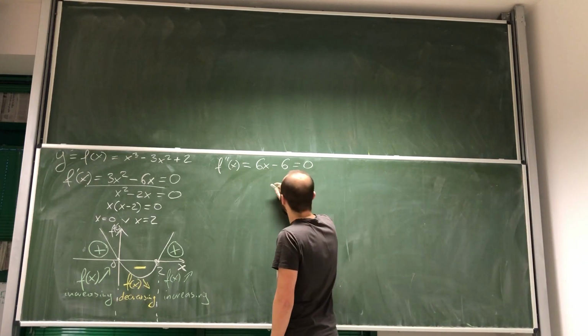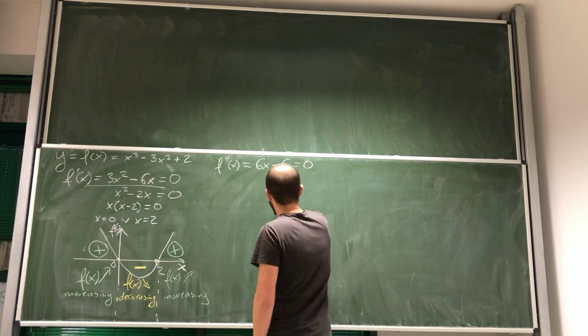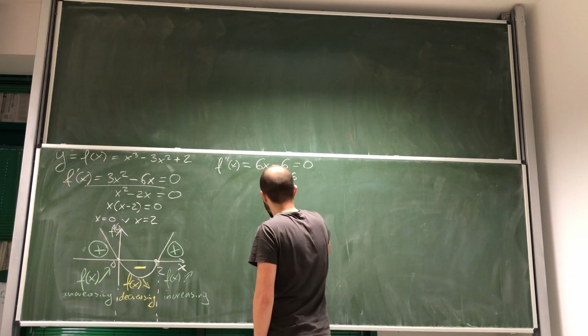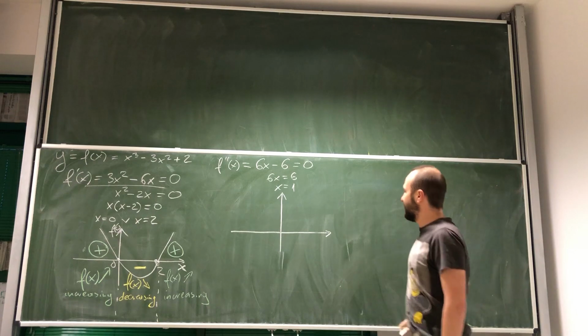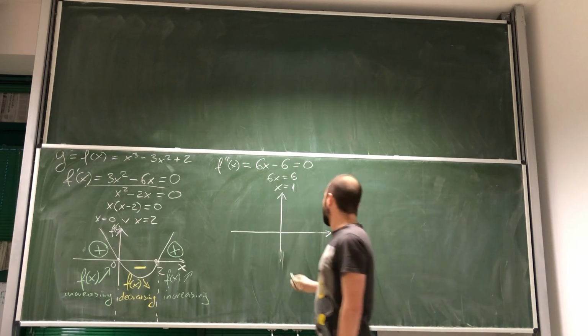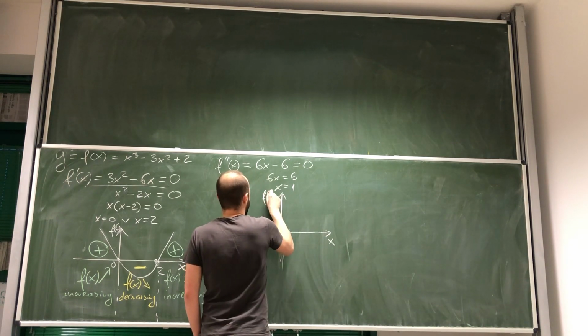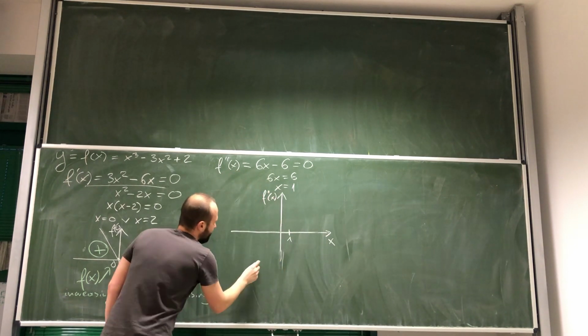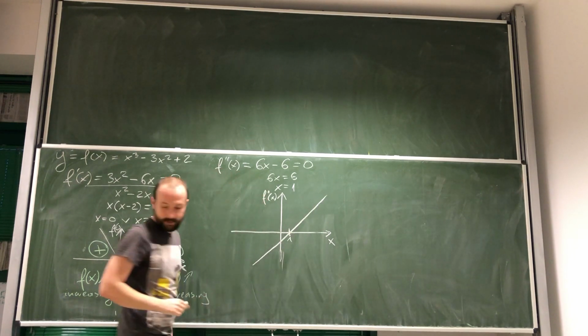So I'm equating this with 0, and I get that 6x equals 6, or x equals 1. So, if I'm going to draw this function, it will go through 1 over here on the x-axis. Here we will have f double prime of x, and it will be an upward sloping function like that.